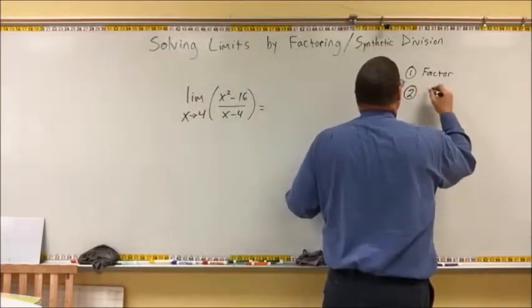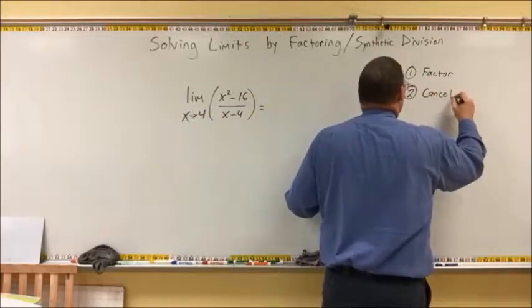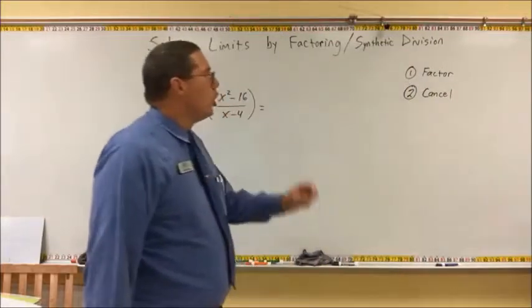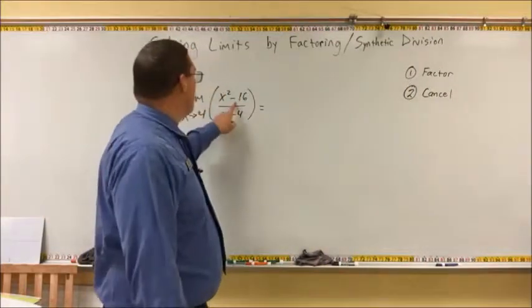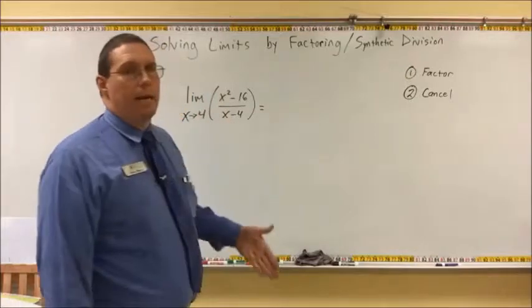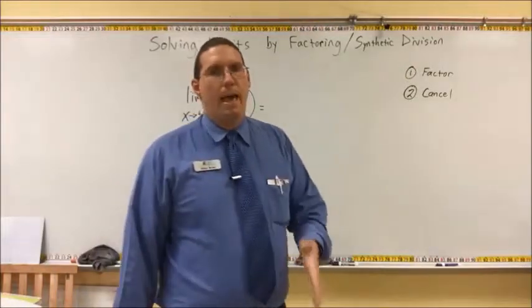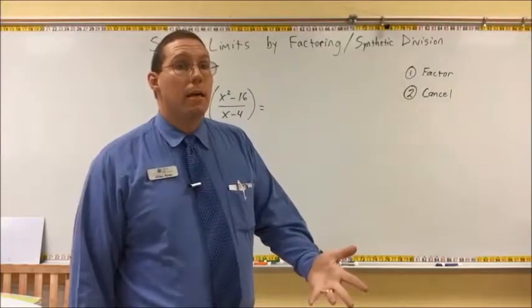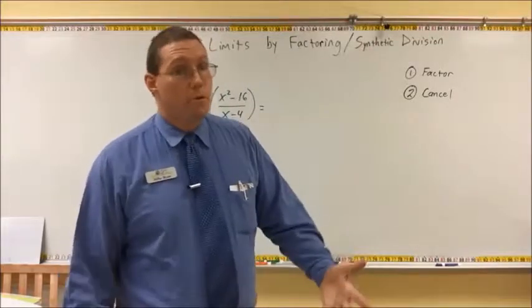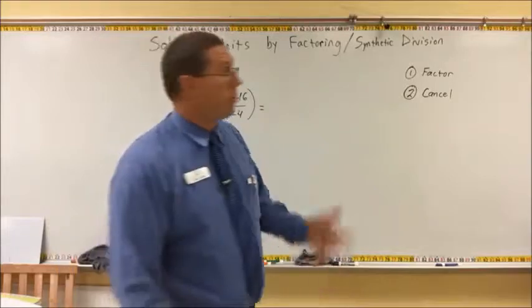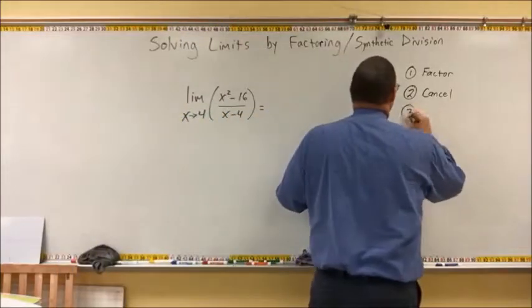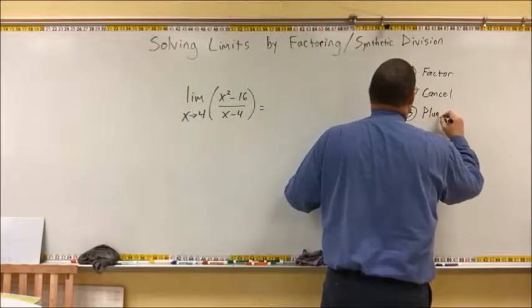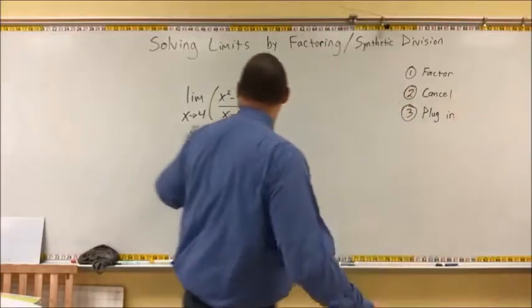Step 2 is cancel. There is something causing the numerator and the denominator to equal 0. And if you cancel that algebraic factor, then the numerator and the denominator won't equal 0 anymore, and you can get a real answer. So then step 3 is to plug in your x approaching number.